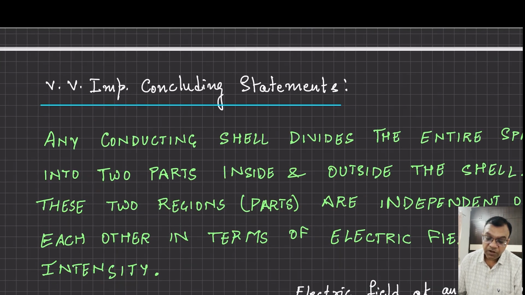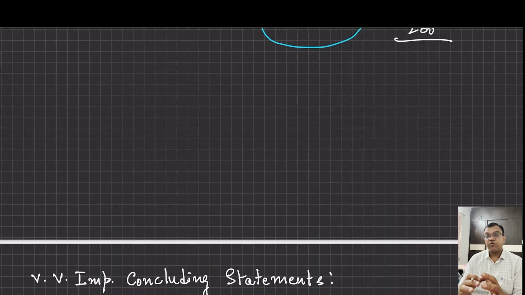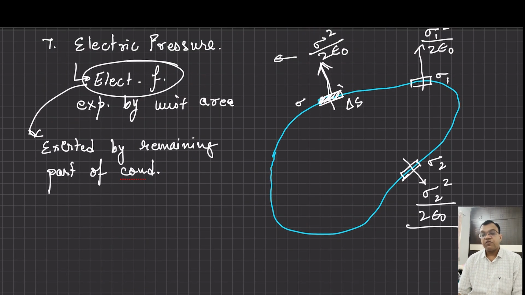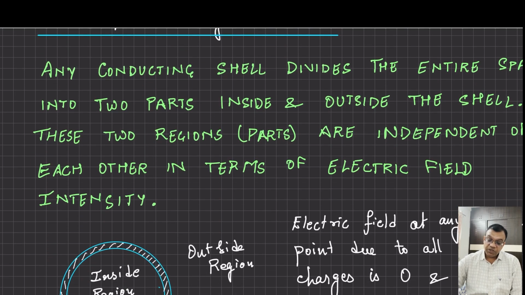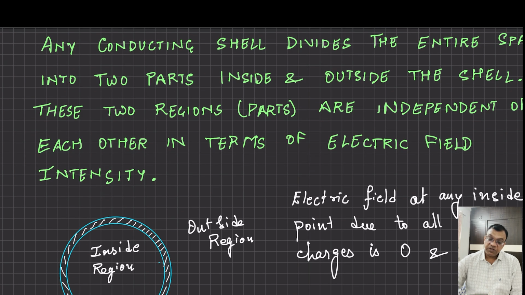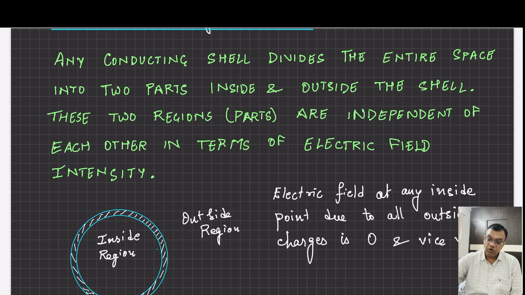Now, up till now we were talking about a conductor without any charge inside it, even though we never mentioned it. But now comes the most important and concluding statement about how to deal with a conductor's behavior. This statement is sufficient to understand all the things.